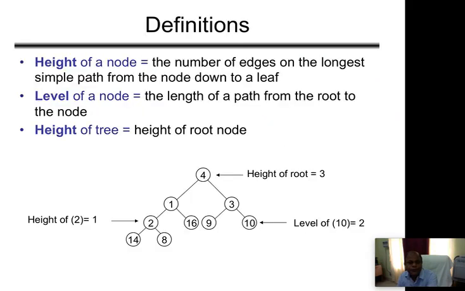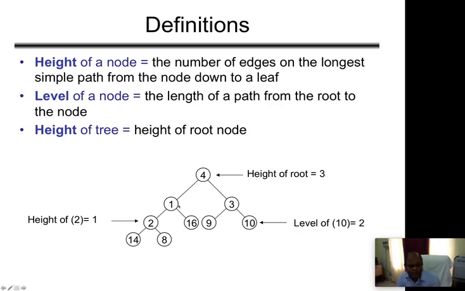Okay. Now, what is the height of a node? The height of a node means the number of edges on the longest path from the node down to a leaf.